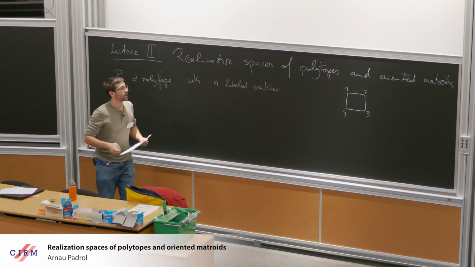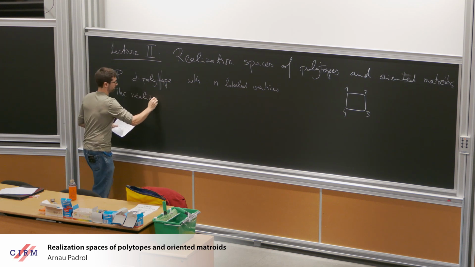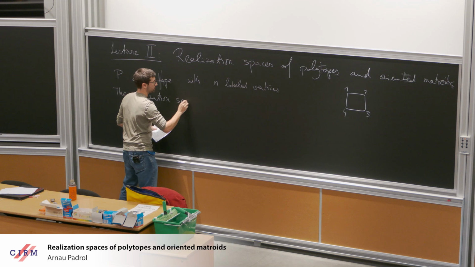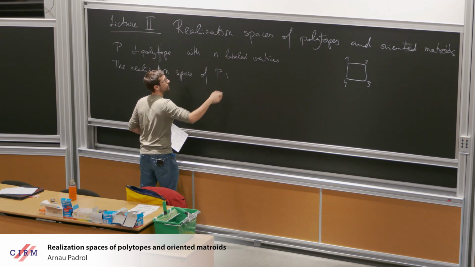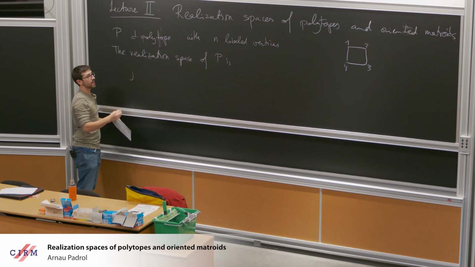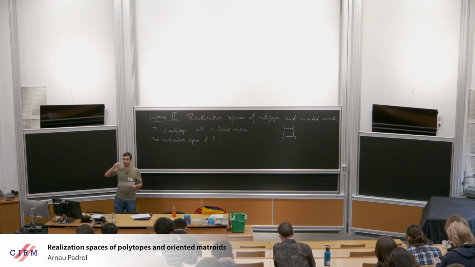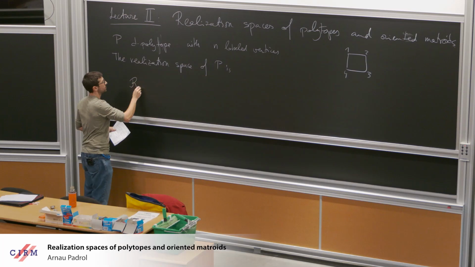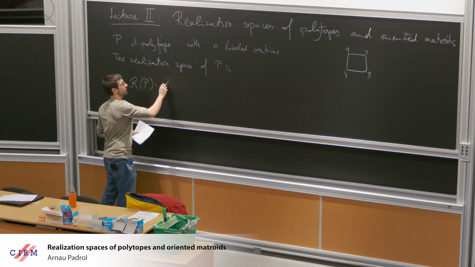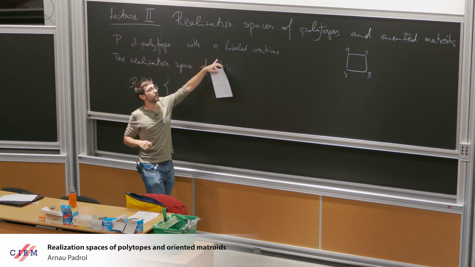Okay? And now the realization space of P will be the set of all realizations of P, which is the set of all polytopes that have the same combinatorial structure as P. So formally, now we are in dimension d, and we have n vertices.